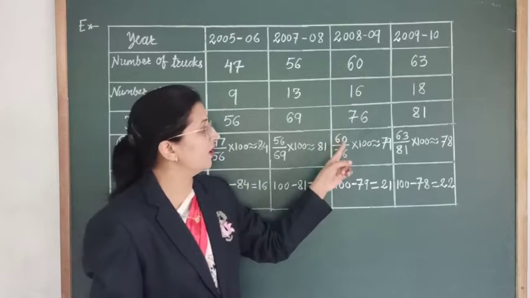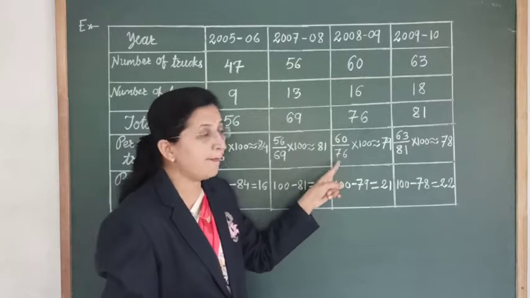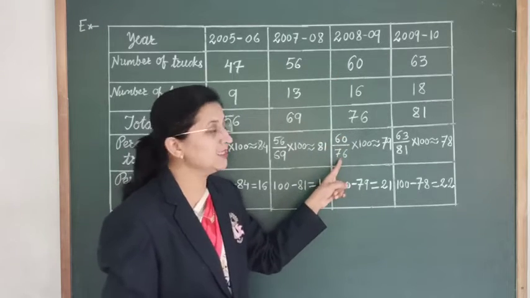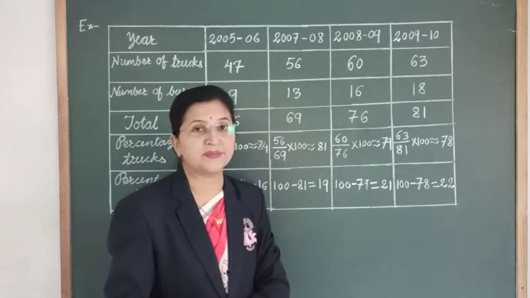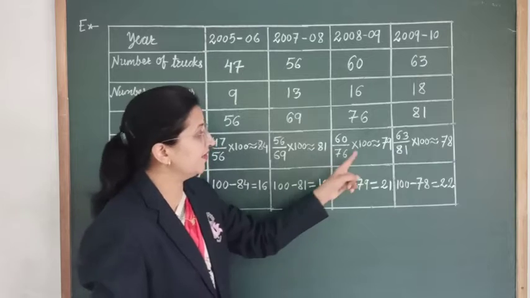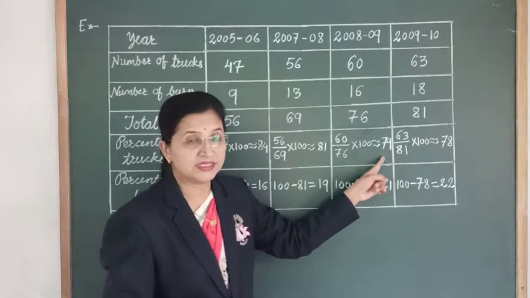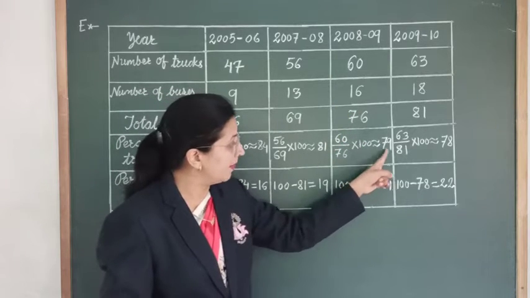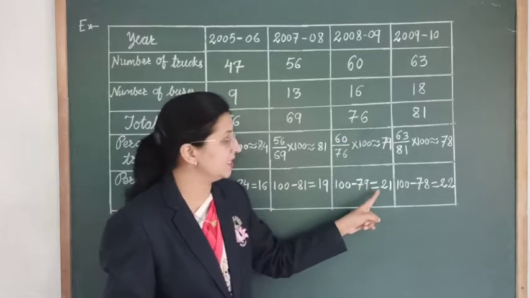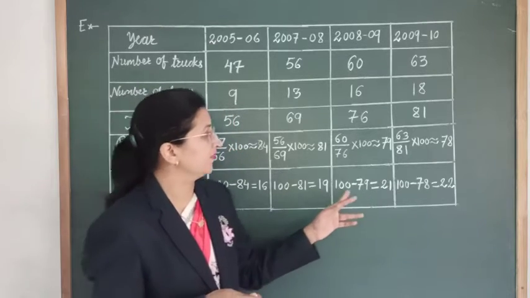So the percentage for the trucks is 60 upon total 76 multiplied by 100. After solving this, we will get approximately 79. So 79 is the percentage of trucks. Then what will be the percentage of buses in this year? That one will be 100 minus 79, that is 21. So 21% will be the buses.